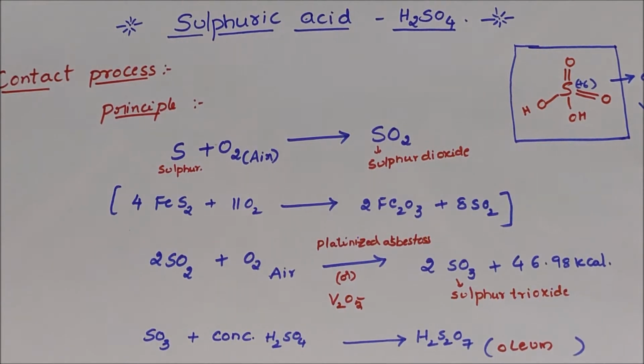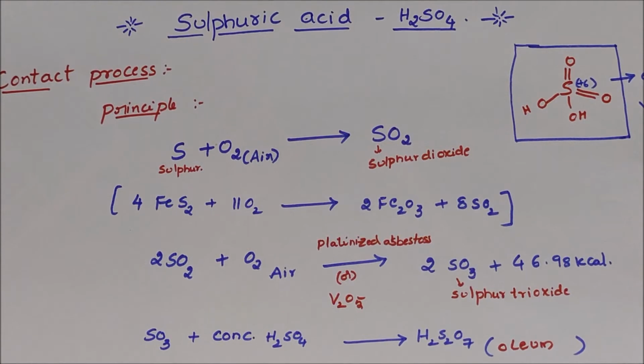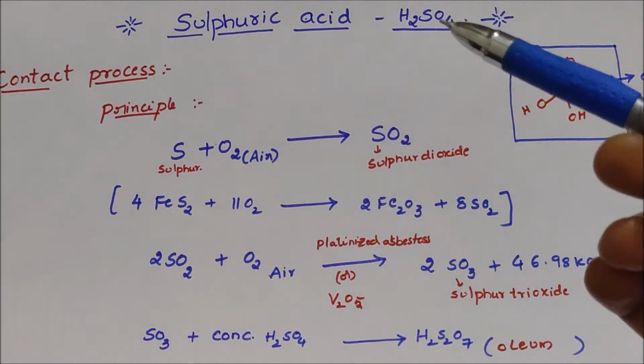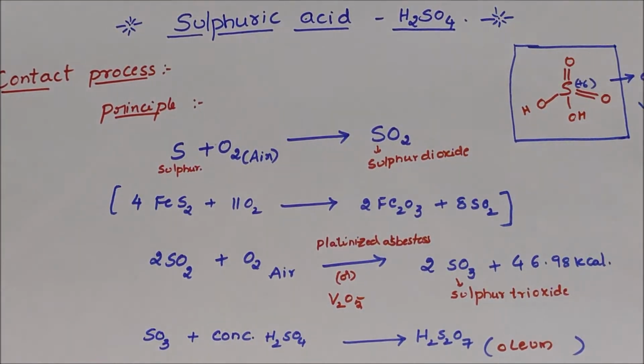Sulfuric acid is prepared by the contact process. Three steps are important, and these three steps play a very important role in preparing sulfuric acid. The chemical formula of sulfuric acid is H2SO4.